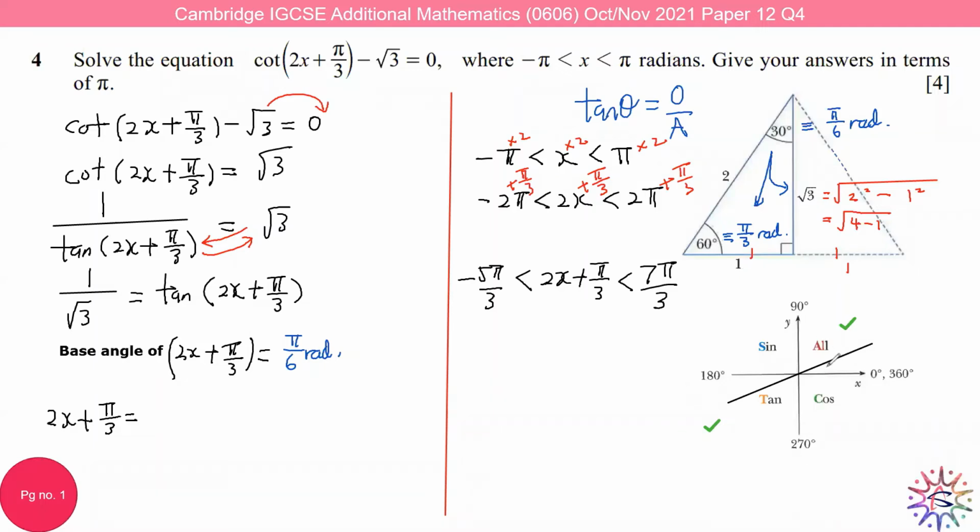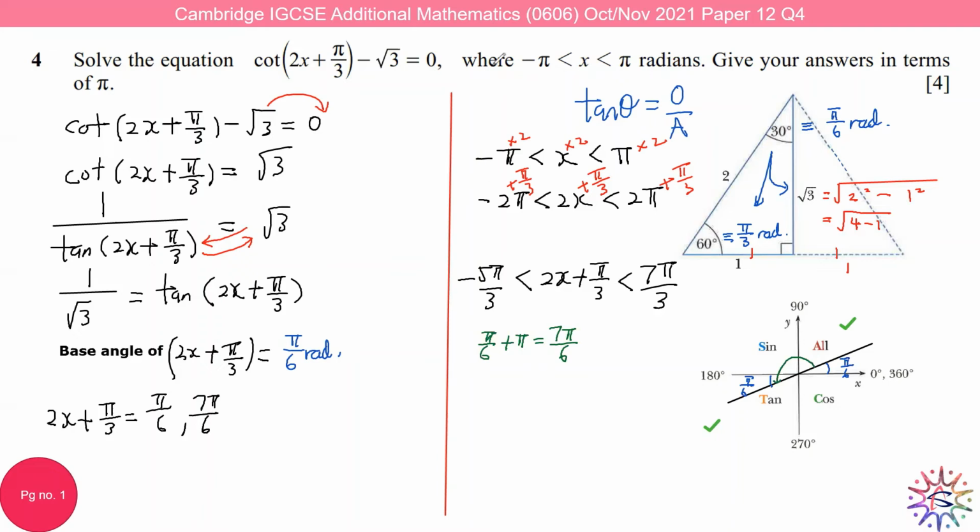So the base angle will be pi over 6. The first possible angle will be pi over 6, so that is from the first quadrant. And the next possible angle will be pi over 6 plus pi. That will be from the third quadrant. So that will be 7 pi over 6.